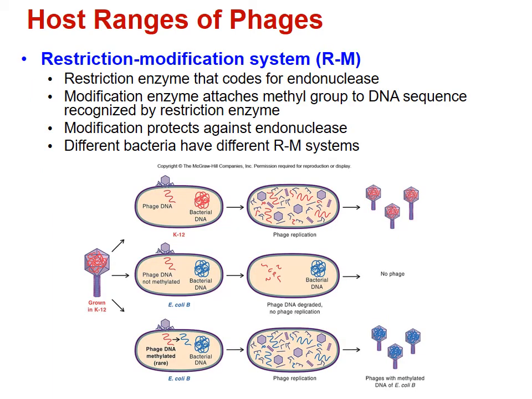Now, one of the ways that I think is really interesting is this restriction modification system. Many of you have worked with restriction enzymes or have heard of them, used to cut up DNA for cloning or for different means in biotechnology.